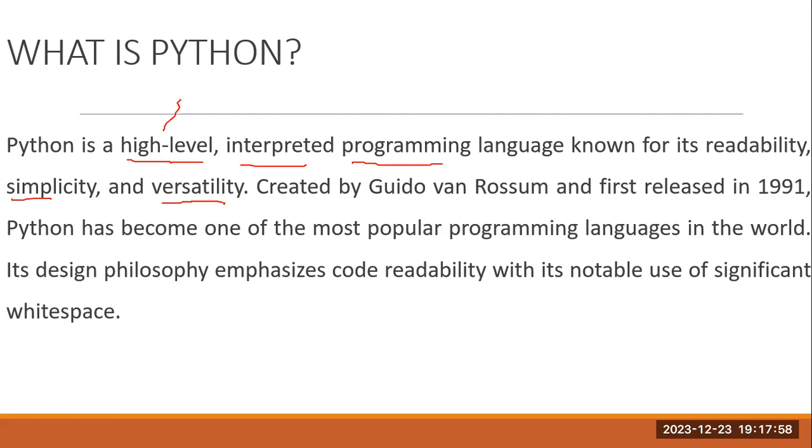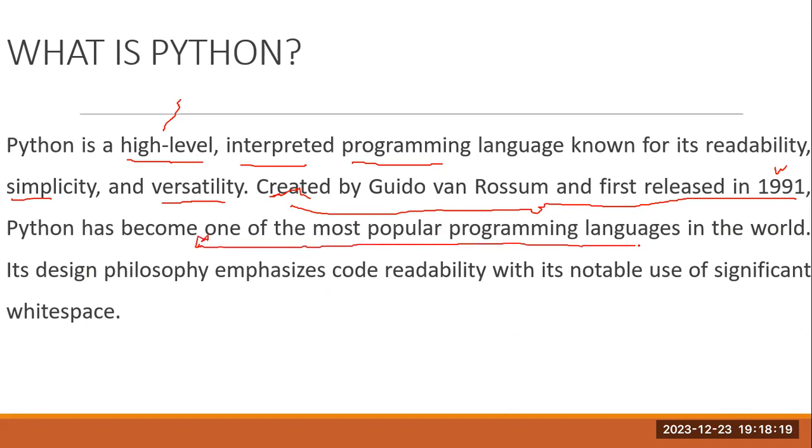So it creates versatility. And if you come across the history, you have read that it was invented in 1991 by Guido van Rossum. Python has become one of the most popular programming languages in the world.